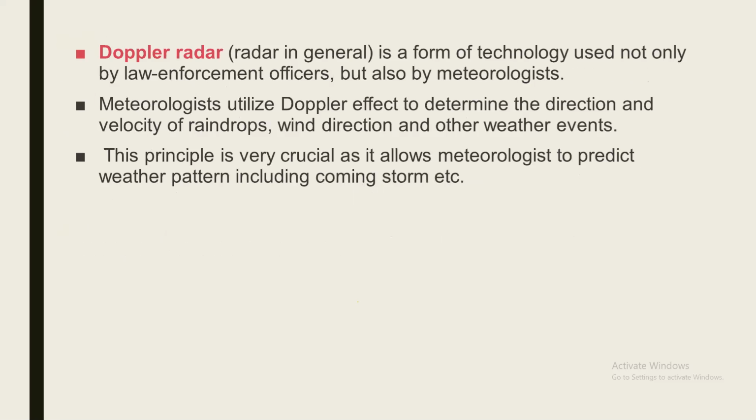Next application is Doppler radar. It is a form of technology used not only by law enforcement officers, but also by meteorologists. They utilize the Doppler effect to determine the direction and velocity of raindrops, wind direction, and other weather events.